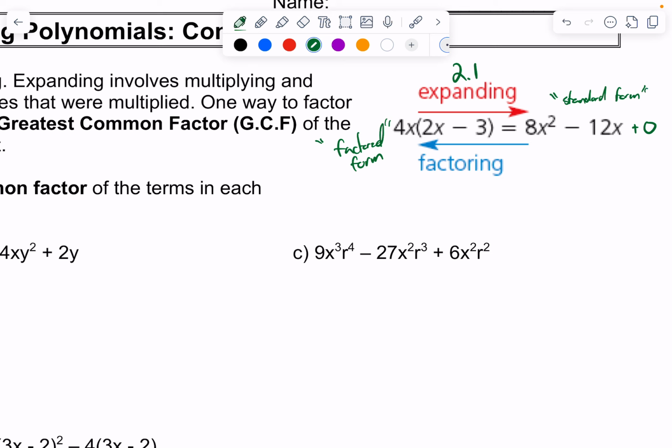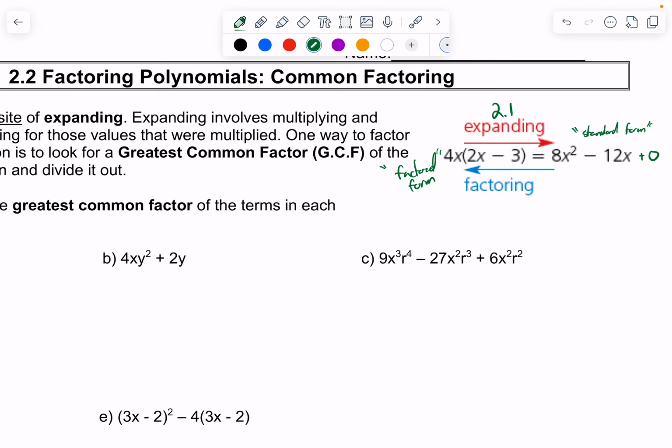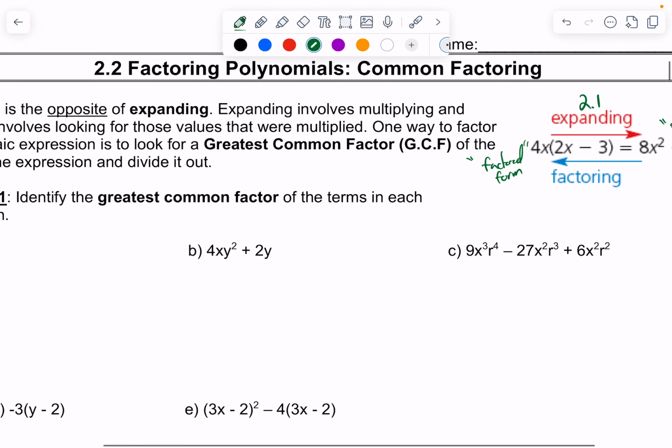Today's lesson, we're following the blue arrow. So we're kind of undoing what we did last time. We are factoring. To go from standard form to factored form, you factor. Specifically, today's lesson talks about common factoring.